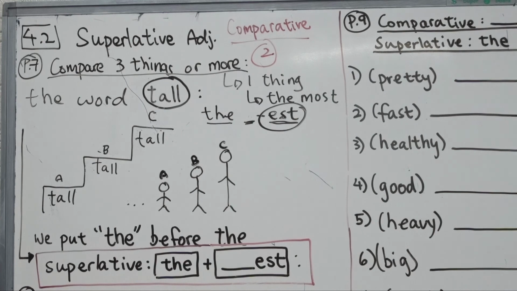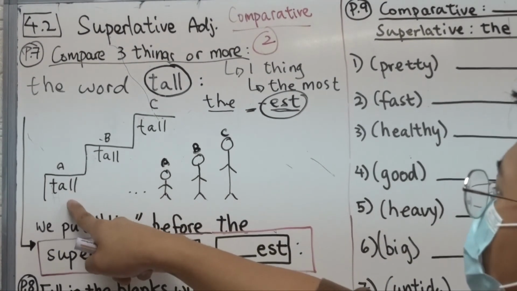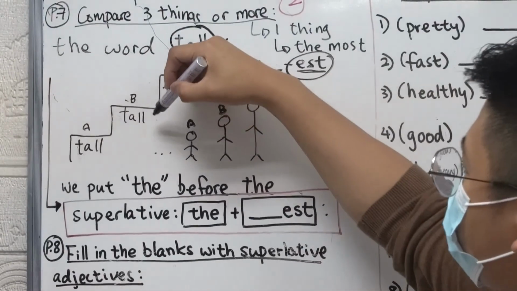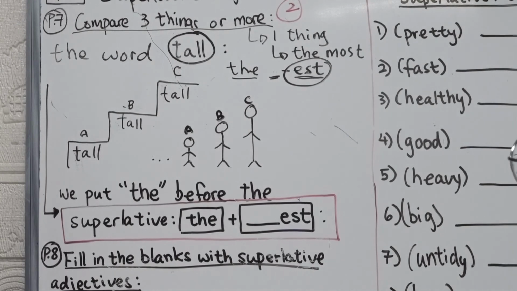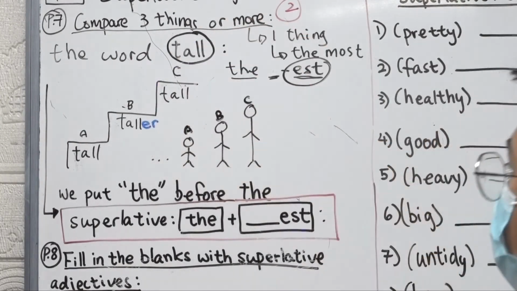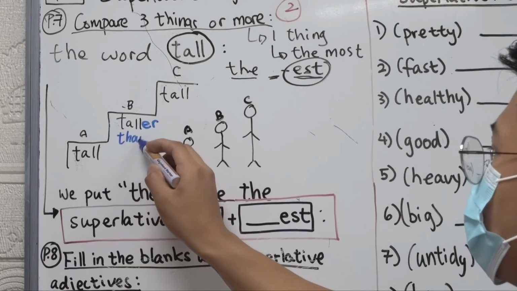Alright, so for A, just tall. B is taller than A. So this one on the second level will be the comparative adjective. Let me use a blue pen to show the difference. Taller, and then we have the word than, T-H-A-N.